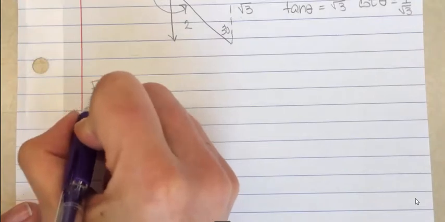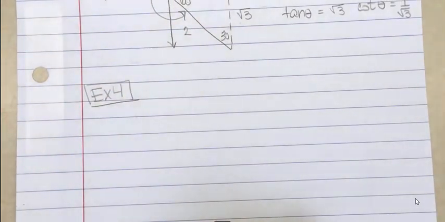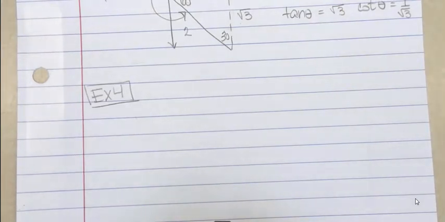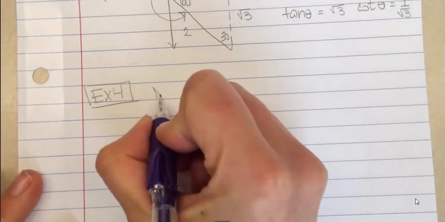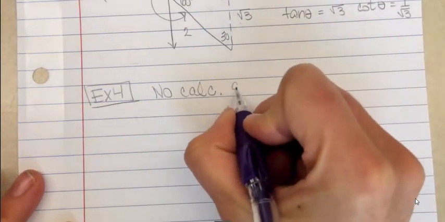Let's do one more example. So you're not going to use a calculator. We're going to evaluate the 6 trig functions for an angle of 180 degrees. So I'm just going to write no calc.